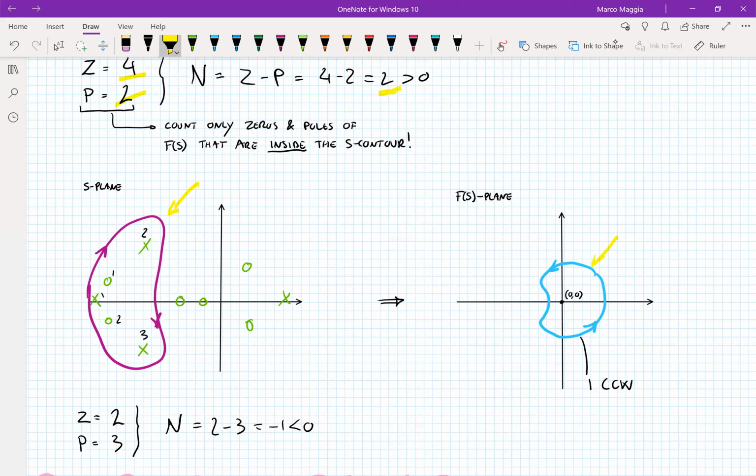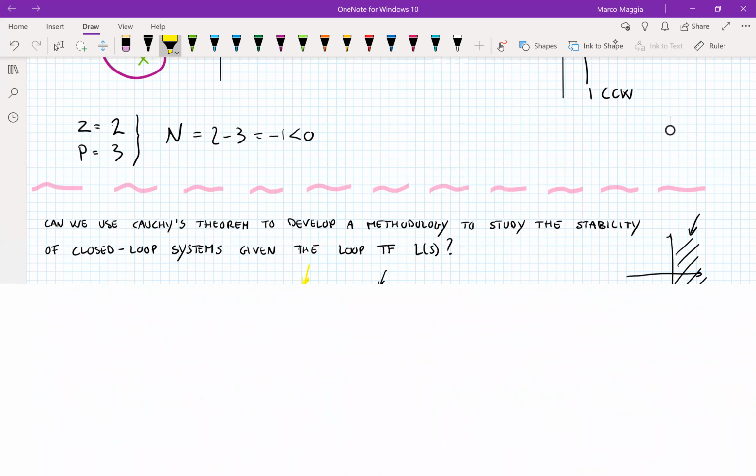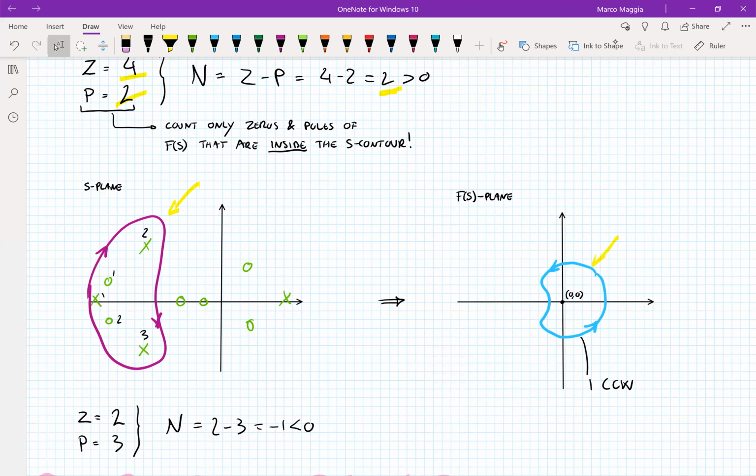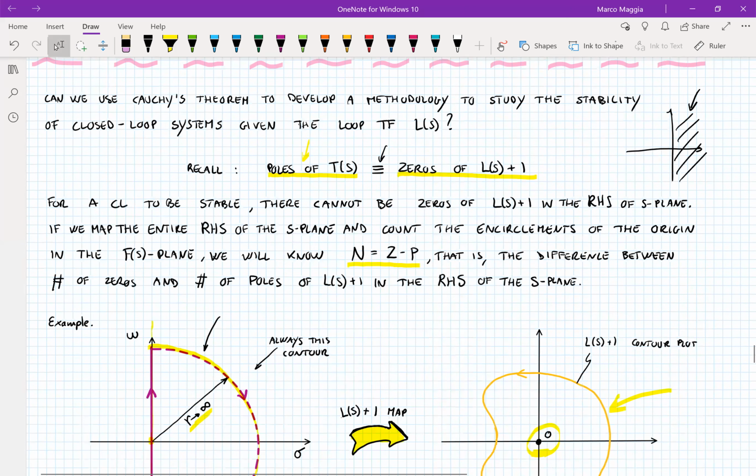You still have 0 minus 1 equals -1. So just counting the encirclements of the contour in the F of S plane, in the mapped plane, does not tell you how many zeros you have encircled. It tells you just the difference between the zeros and the poles that you've encircled.